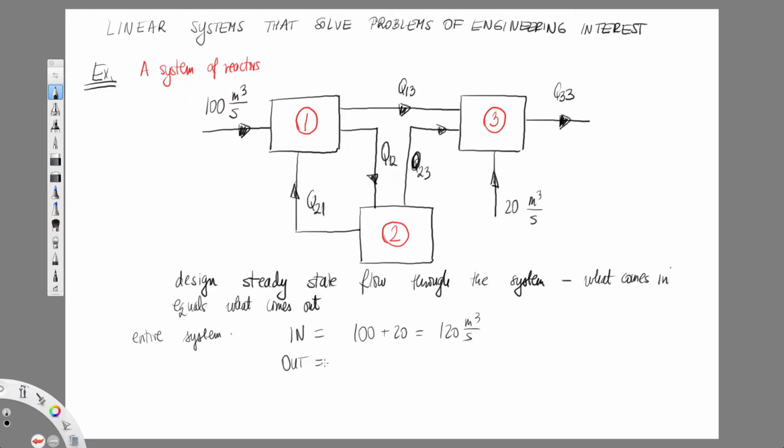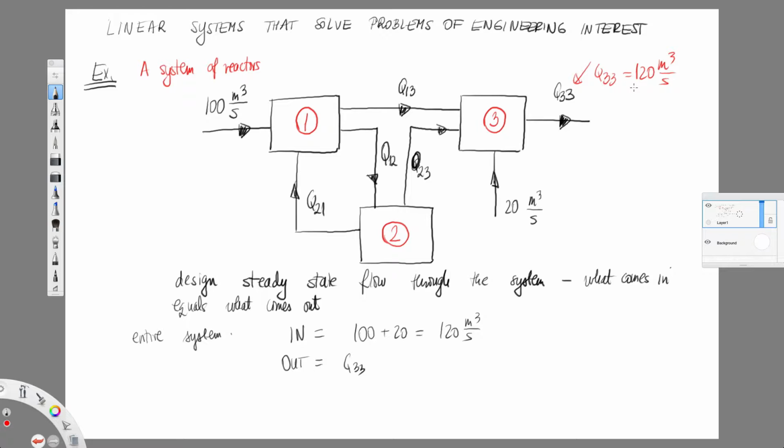Out is essentially Q33. So Q33 is not really a variable. I already know Q33 equals 120 meters cubed per second.